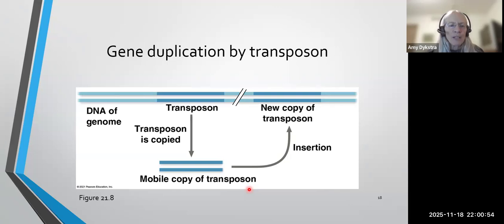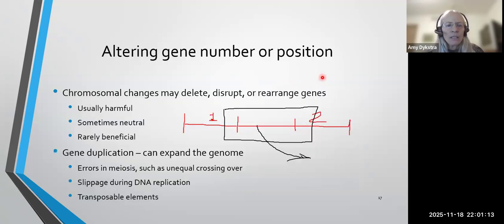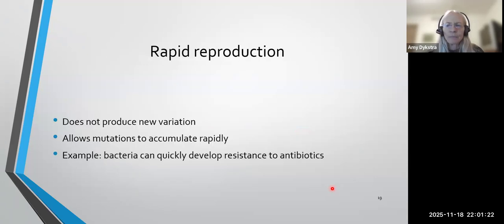So one way this happens is that a transposon will be copied, and that copy will move to a different location in the genome, and now you'll have two different copies of that same gene. So again, you can have more DNA. These changes can end up expanding the genome and provide more variation that evolution can act on.